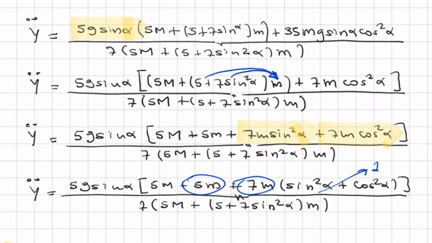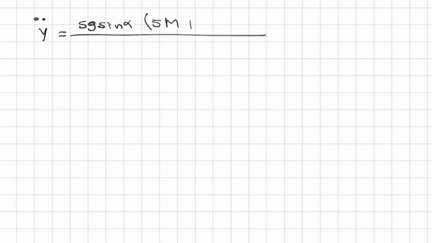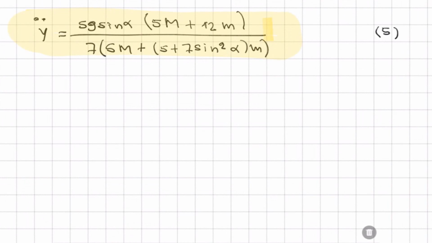And finally, the equation for the acceleration of the ball relative to the wedge is the following. y2 dots equal to 5g sine of alpha, 5m, the mass of the wedge, okay, we know that already, plus the mass of the ball, dividing 7 5m plus 5 plus 7 sine square of alpha m.